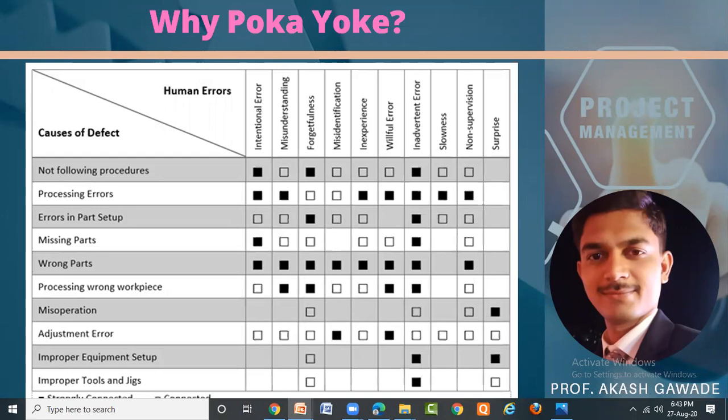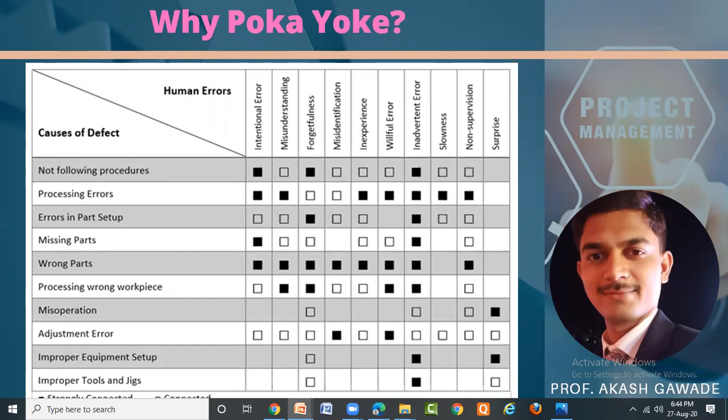See, there are some defects given. The first one is not following procedure, processing errors. Not following procedure is an internal error, and also an inadvertent error.